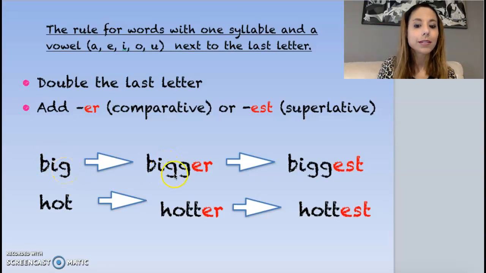So big, bigger. We have two G's. And biggest, the same, two G's and then est. Hot, one syllable, hot. Hotter, see, one T, and here two T's, because it's one syllable, a vowel with a consonant. So hotter, hottest. And let's move on to the last and third exception.